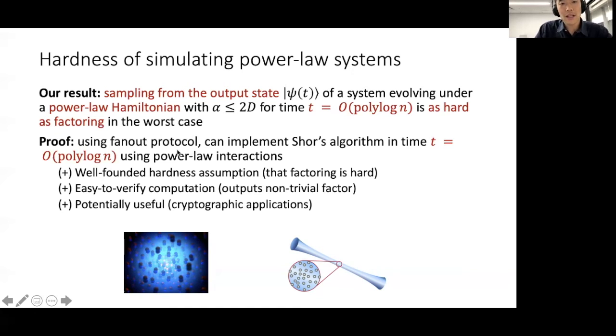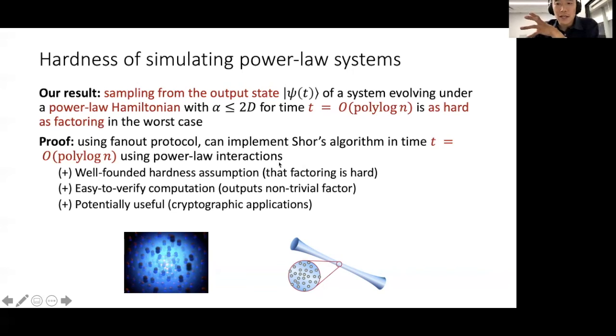Since one can implement Shor's algorithm in time that is at most polylogarithmic in n using these parallel interactions, this is a way to demonstrate that sampling from this parallel system is as hard as factoring.